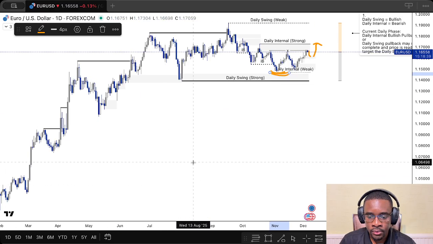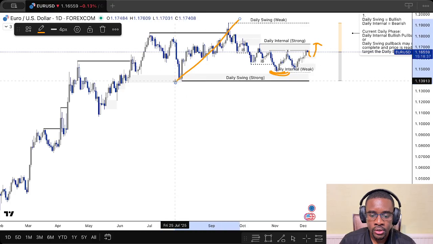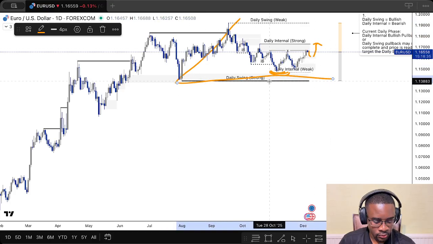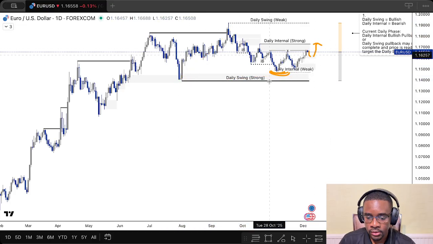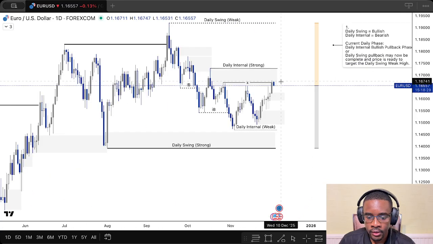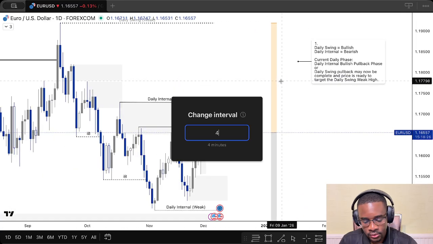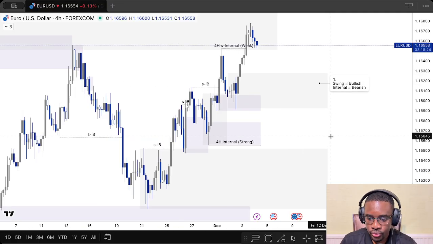Remember the overall swing trend is bullish, so this could be our overall higher swing low.